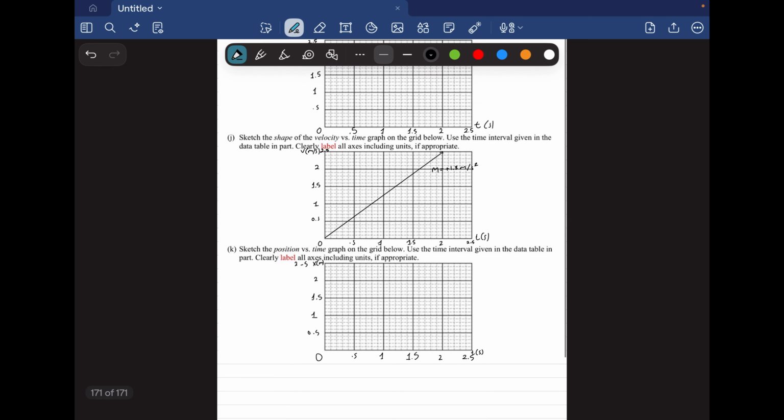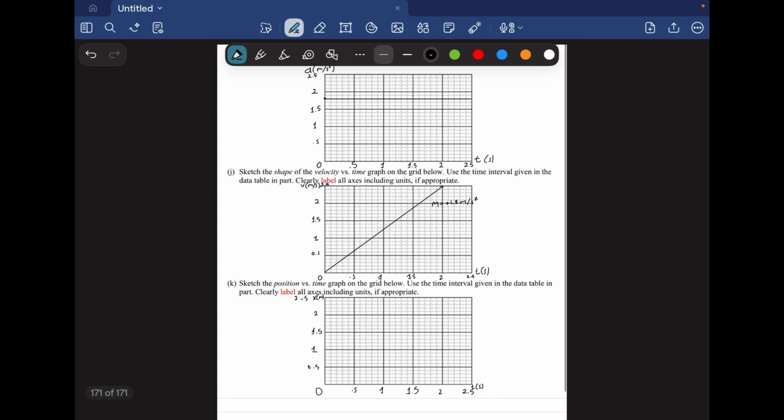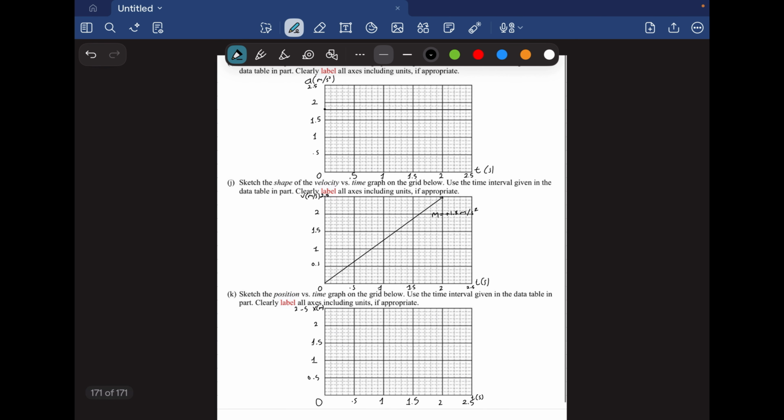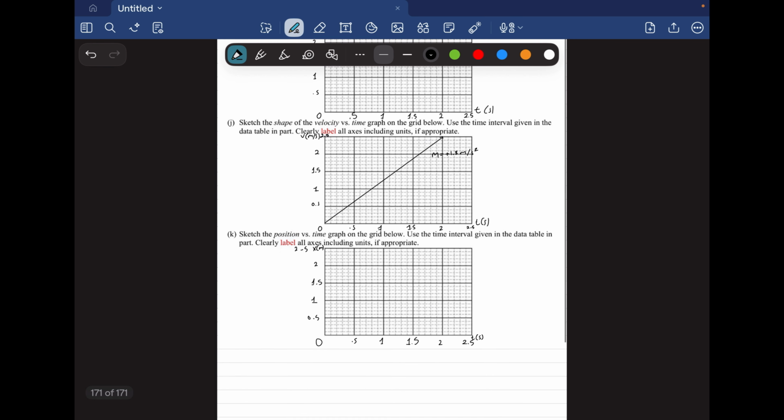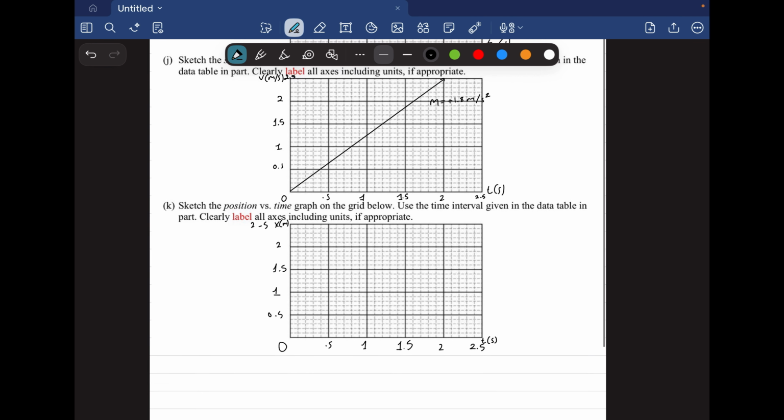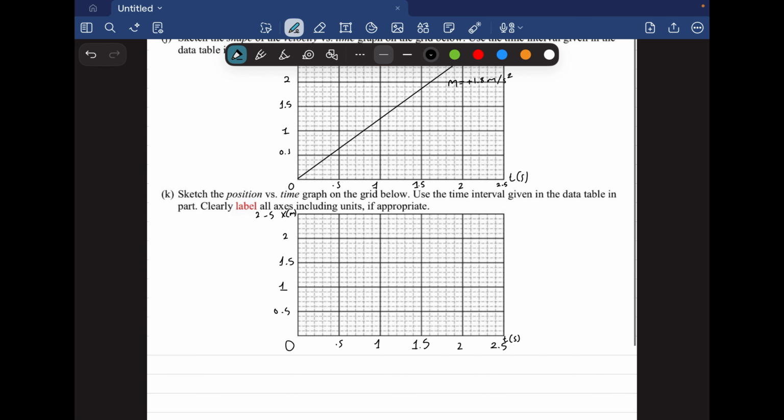And then since your acceleration, your second derivative, is positive, it is concave up, and your velocity is increasing, so it's the right hand side of the concave graph. So your position graph should look something like this. And that's it.